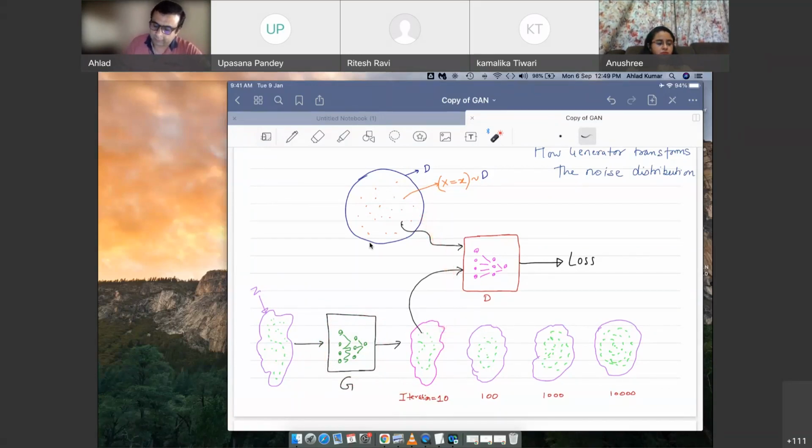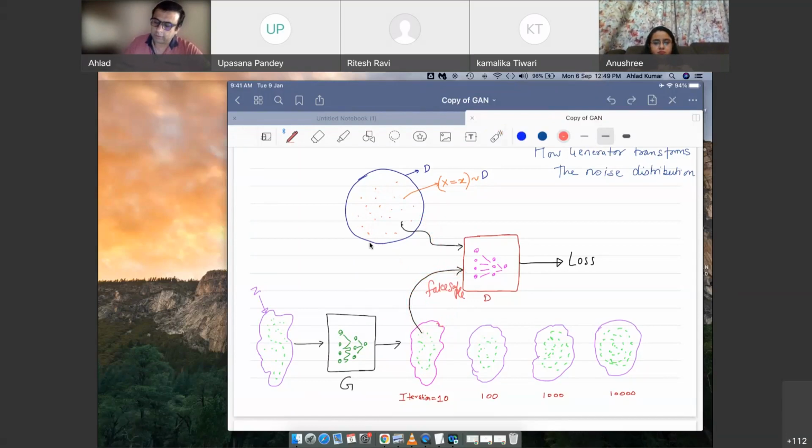So whatever samples you get from this particular distribution will not be the same as the samples from the distribution which you have here. This means if you sample from this distribution, it will be fake samples, obviously, because this distribution is not the same as this distribution.